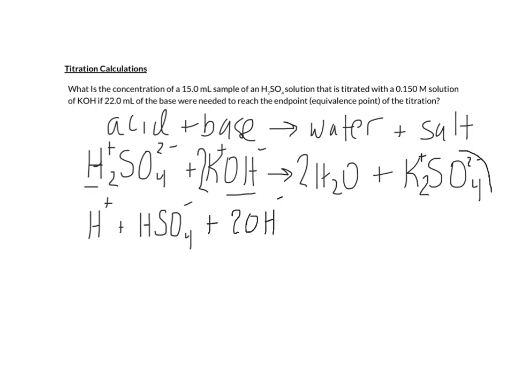So we're not going to include the potassium because it's going to end up being a spectator ion. If you went ahead and wrote potassium, K plus, as its own thing, that's fine too. We'll just cancel it later.